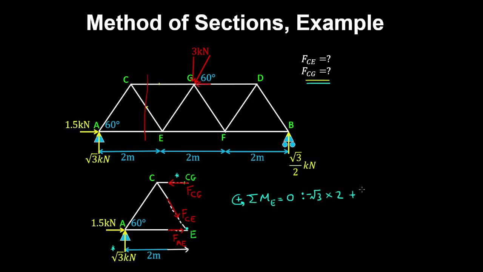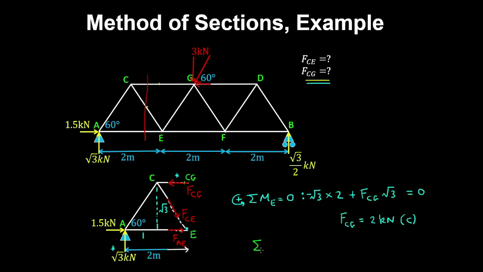And then we have the force in member CG, and using the special trig triangle, if this dimension's a meter and this angle is 60 degrees, then this dimension's root 3, which is the moment arm. So therefore the force in member CG is 2 kilonewtons. And a positive result means we got the direction right, so therefore this member is in compression.